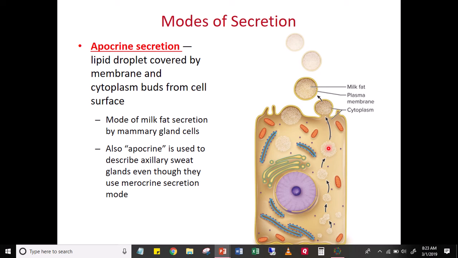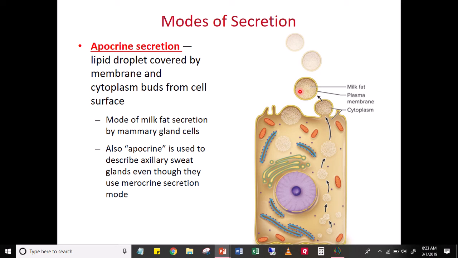So the chemical we're trying to secrete builds up on the intracellular side of the cell membrane, and then the cell membrane itself bulges out, pinches off, and then we have a large transport vesicle that's extracellular. We have a lot of phospholipids that make up the membrane, and then we have the chemical inside of this extracellular transport vesicle.